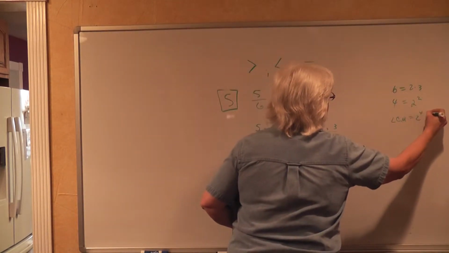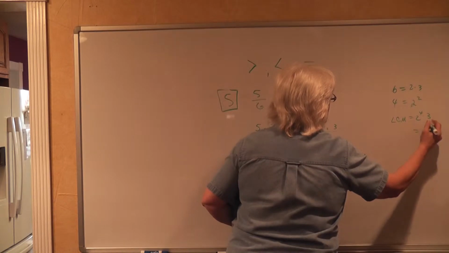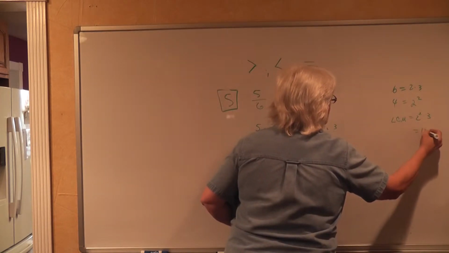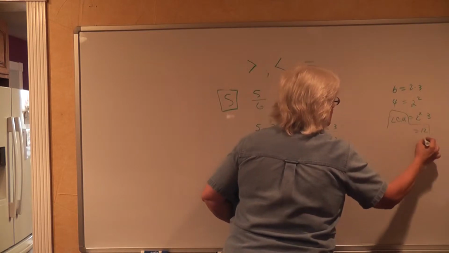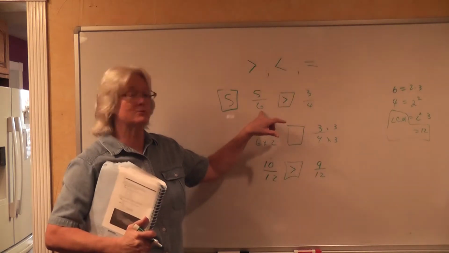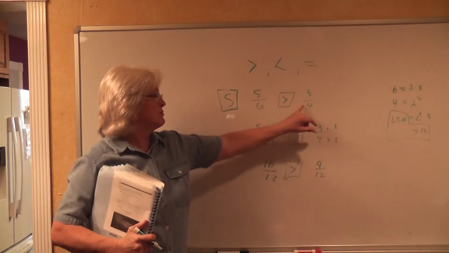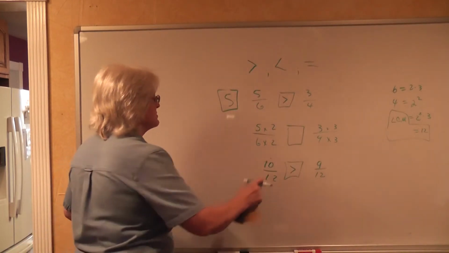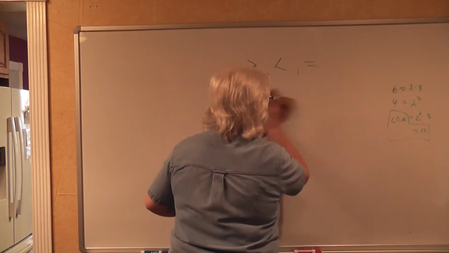That's 2 squared, which is 4, times 3. So your least common multiple is 12. Then we said 6 times what gives us 12? 4 times what gives us 12? I really don't think that this is going to be much of a problem for you.